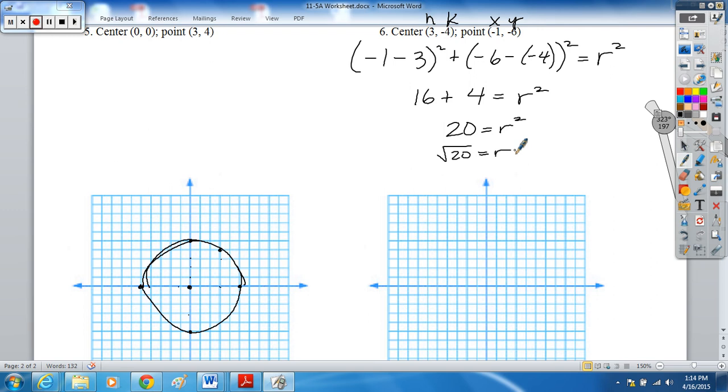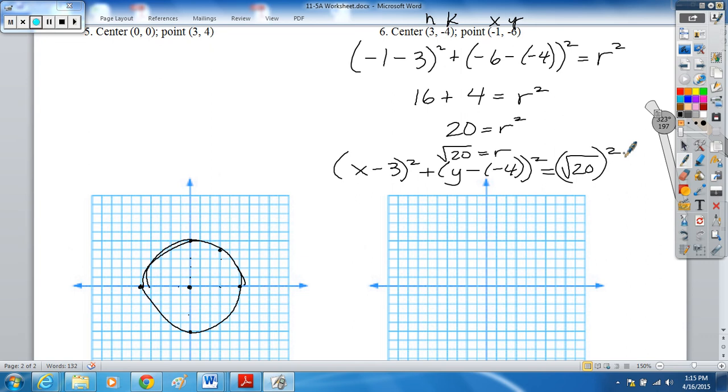Okay. Now, this is kind of like number 4 that we had on the front side, so don't freak out. It's going to be (x - h)² + (y - k)² = r². Okay.